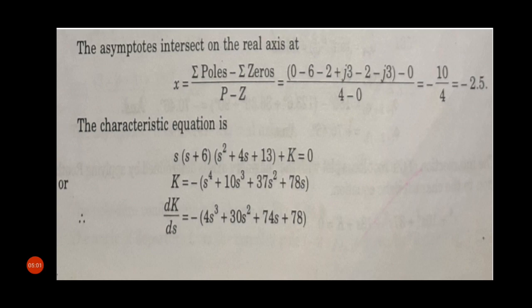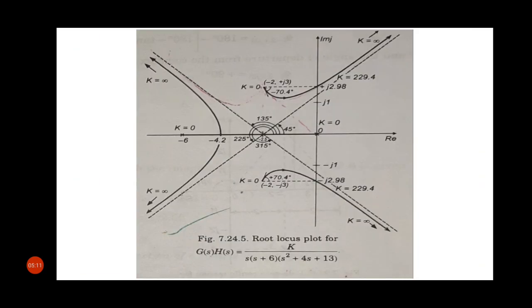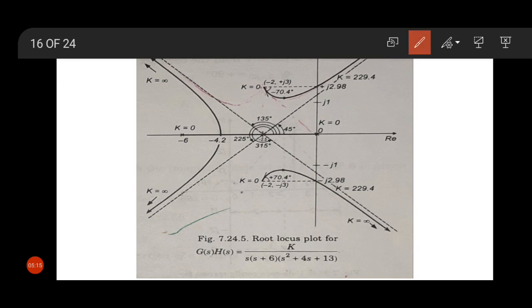Now put the centroid on the root locus plot, or on the graph, and draw the asymptotes. See, our centroid is minus 2.5. So this is our minus 2.5. From this point we draw the asymptotes at angles 45 degree, 135 degree, 225 degree and 315 degree.